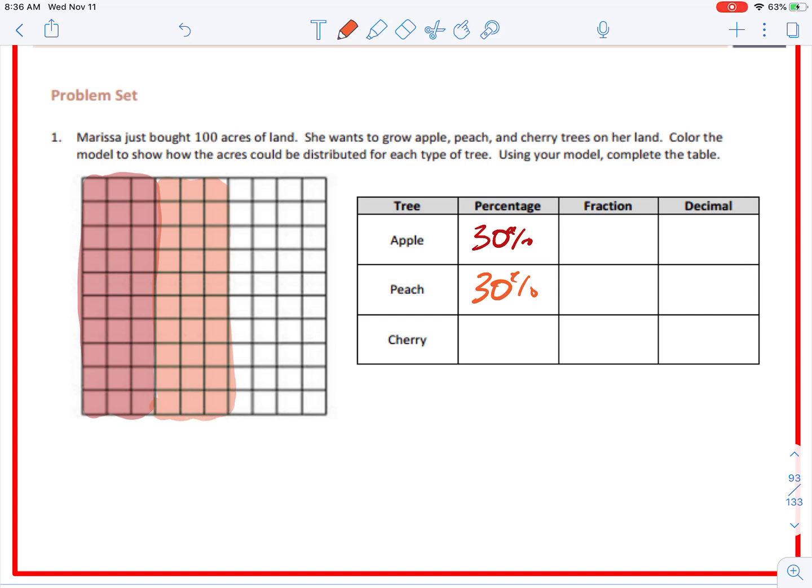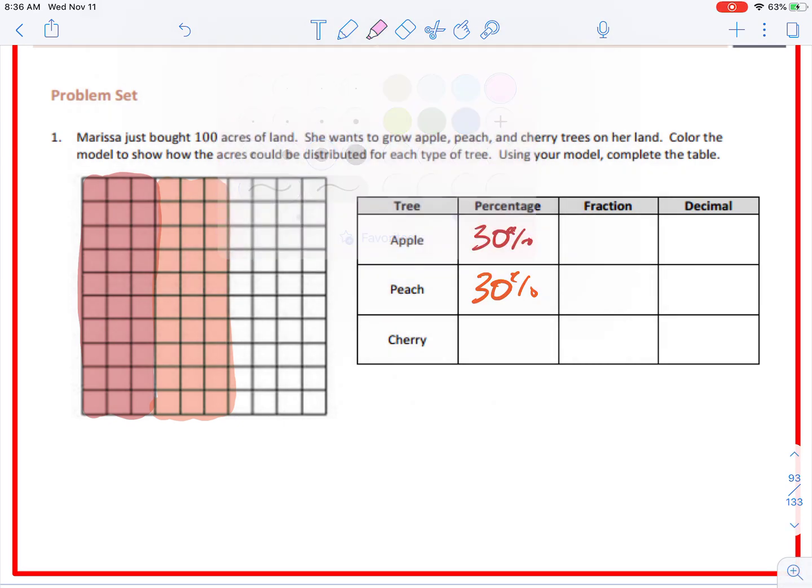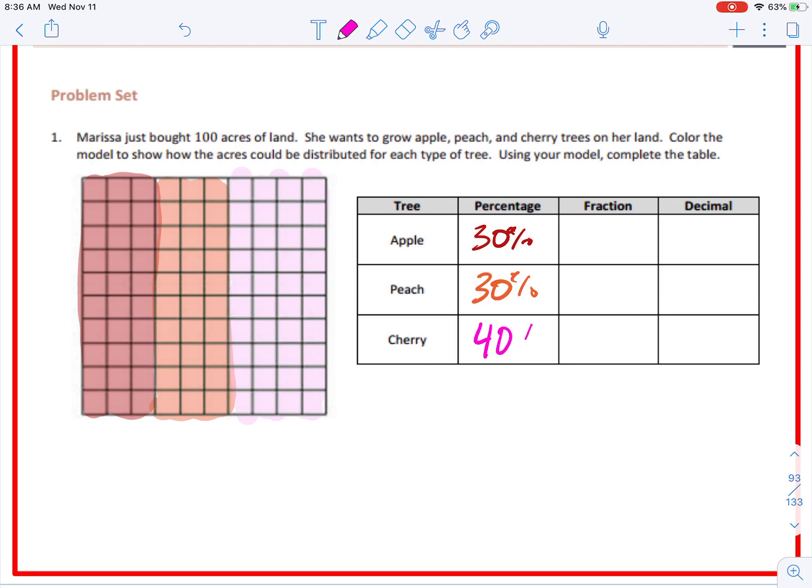So 30% of my farm is for apples, and 30% is for peaches. Now, the rest of the farm is going to be for cherries. I'm going to do that in pink. And the rest of the farm equals 40%. So now I distributed, not evenly, but I distributed the 100 acres of land between the 3 different types of trees.